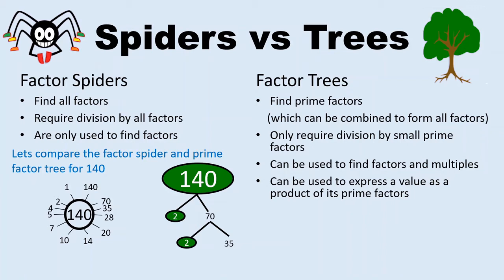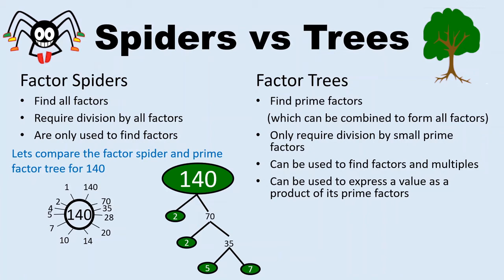Now 35 is still not prime. Although it's not even, I can't divide it by 2, I can divide it by another prime number. It doesn't divide by 3, but it does divide by 5. 35 divided by 5 gives me 7, which is a prime number answer. So I can't split 7 down any smaller than that.